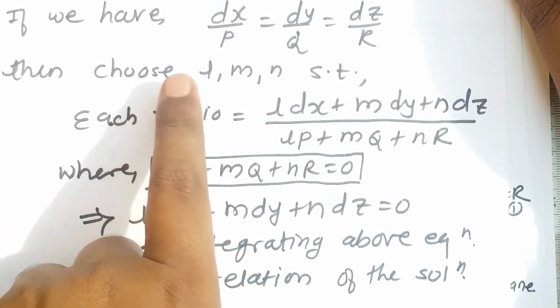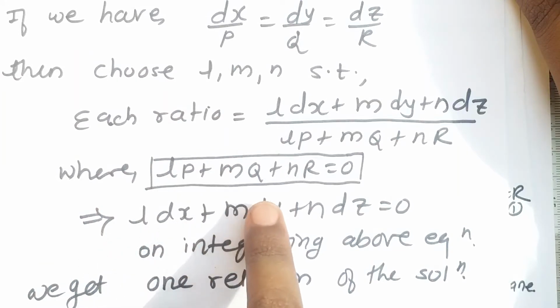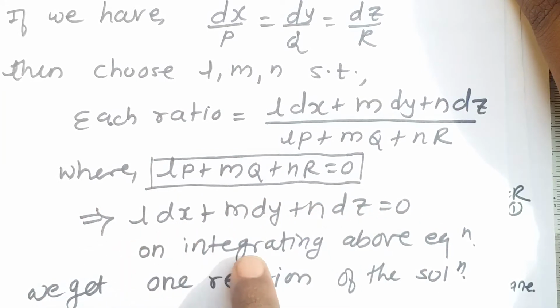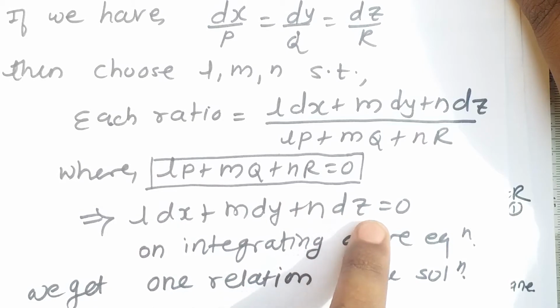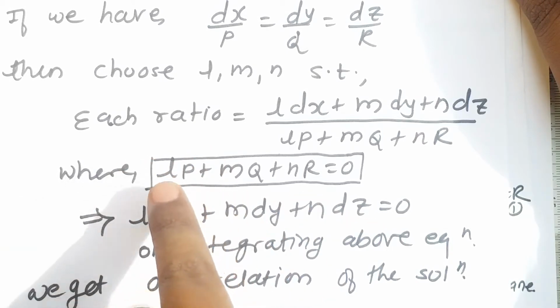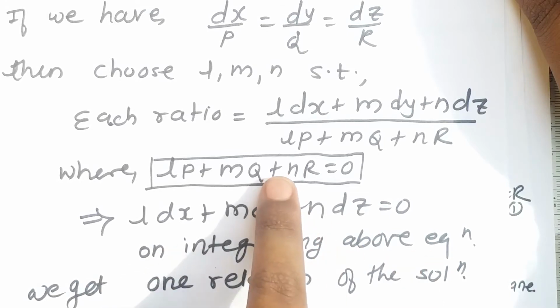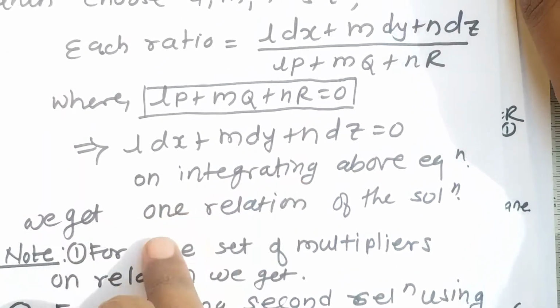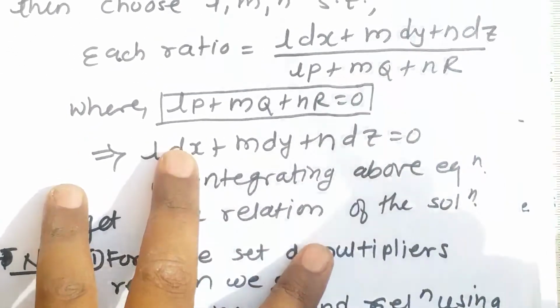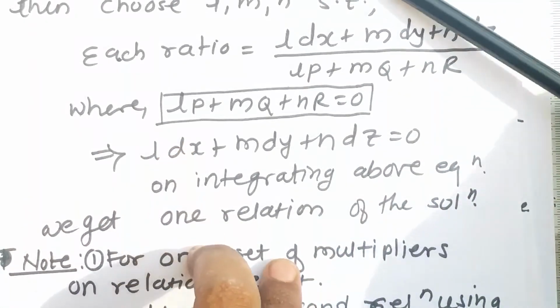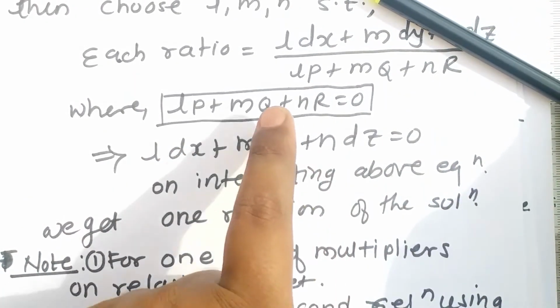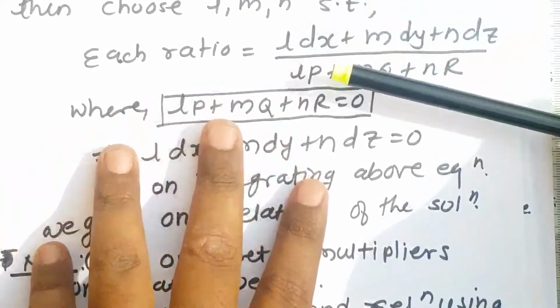If you cross multiply, we get the differential equation L dx plus M dy plus N dz equal to 0. On integrating, this may be in terms of variable separable form, or sometimes some adjustment we do, and definitely it will be integrable. On integrating this equation, we get one relation of the solution. So there are two independent relations we have to determine, and one independent relation can be obtained by such a selection of element.